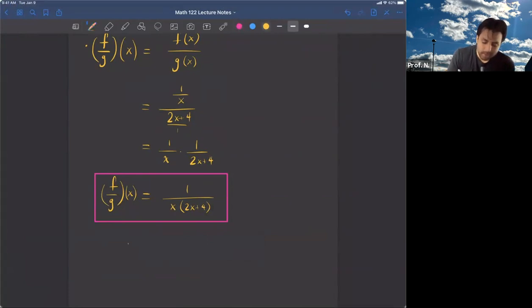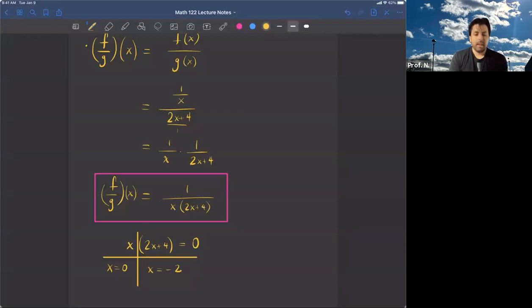But if you notice, look what I have this time. I also have a 2x plus 4 that can't equal 0. So if I solve for 0, I get x equals 0, and I get x equals negative 2. So actually, I get 2 x values that are no good. So this can't happen, and this can't happen.